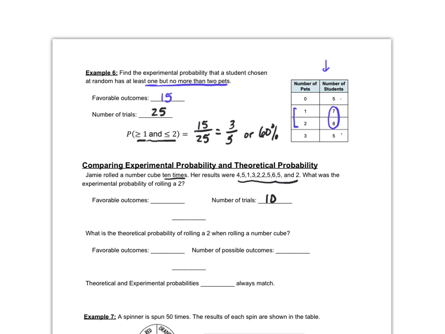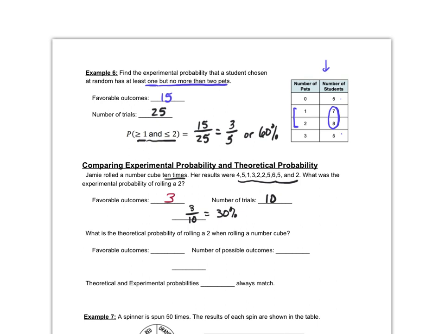The number of favorable outcomes is how many times she rolled a 2: 1, 2, 3. So she rolled a 2 three times. So my favorable outcomes divided by the number of trials is 3 over 10, or 30%.